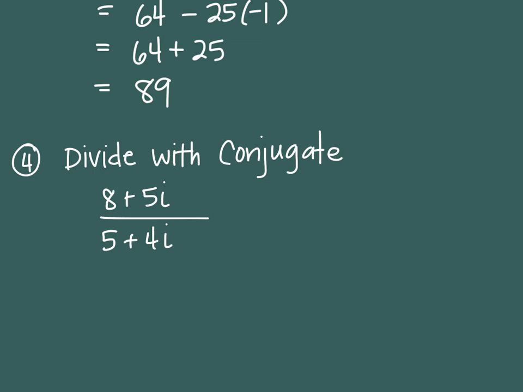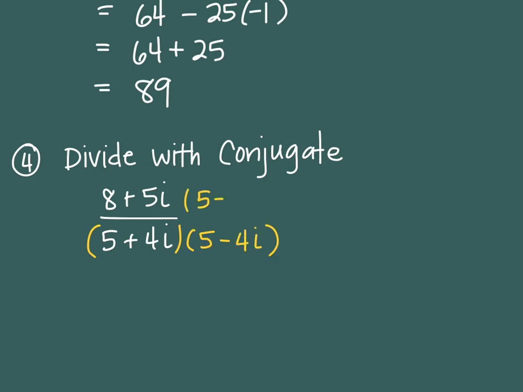That's the way division looks. The conjugate is always applied to the denominator. Denominator is the most important part, just like when we have domain. So the conjugate is applied to the denominator. So around 5 plus 4i, I bring the conjugate of 5 minus 4i.